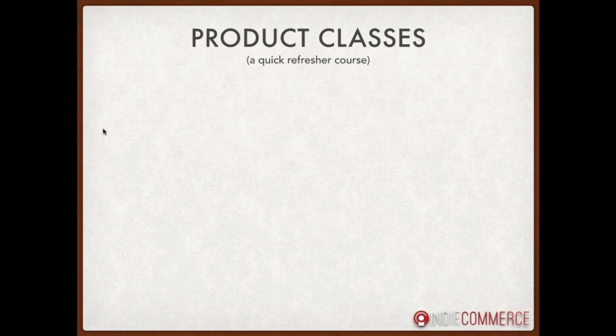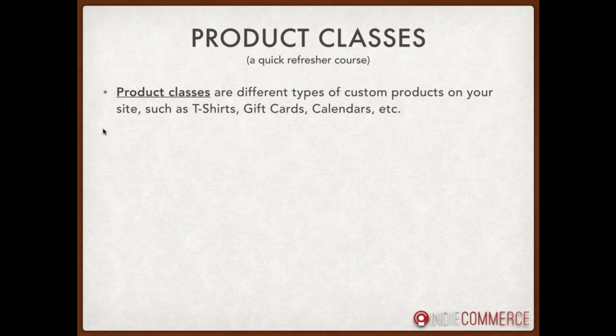Now, in order to understand how the product upload feature works, it's important to understand exactly how products on the site work in general. So I'm going to give you a quick refresher course here on custom products on IndieCommerce. But if you need more information, we have a lot of stuff up on BookWeb that can help too. So product classes.